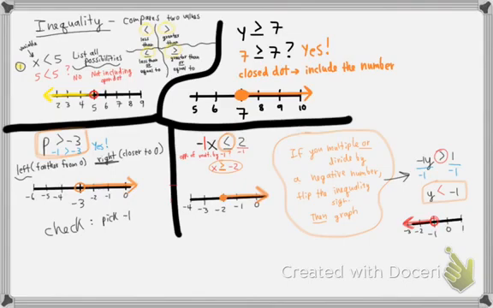And then you need to shade either left or right to show that you can include all of those numbers there, okay? And again, that final note, if you have a negative in front of your variable, you need to multiply or divide by that negative. And when you do that, you need to switch the way that the symbol of the inequality is facing before you graph, okay?